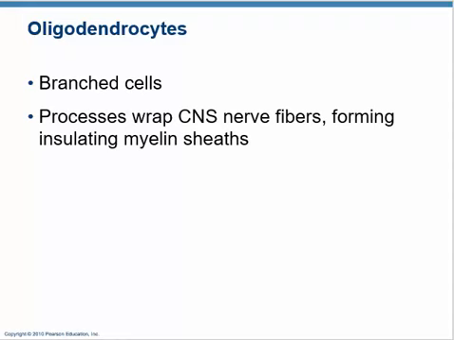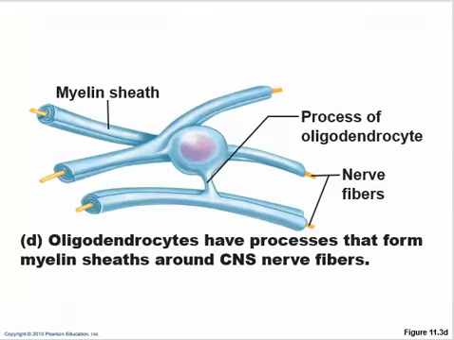These are the cells that are actually attacked in MS, and people with MS have problems with their oligodendrocytes. So the cell wraps and separates the neurons and the axons of the neurons. This is what makes the white happen in the white matter. These things don't exist in the gray matter parts of the central nervous system.